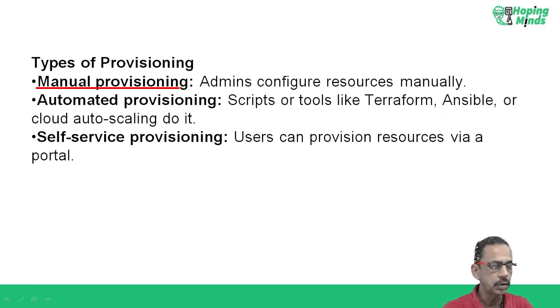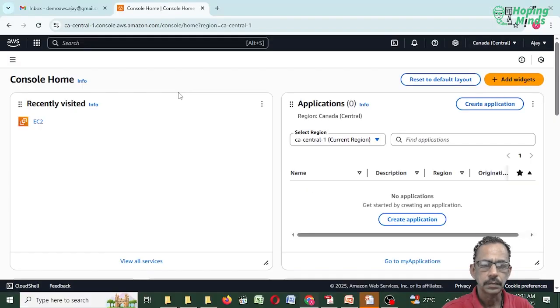So let's move to the console. I think you are all familiar with the console. In the last video, we discussed everything here. You can see here, recently visited. In our last video, we visited EC2, compute resources. So it's here now.